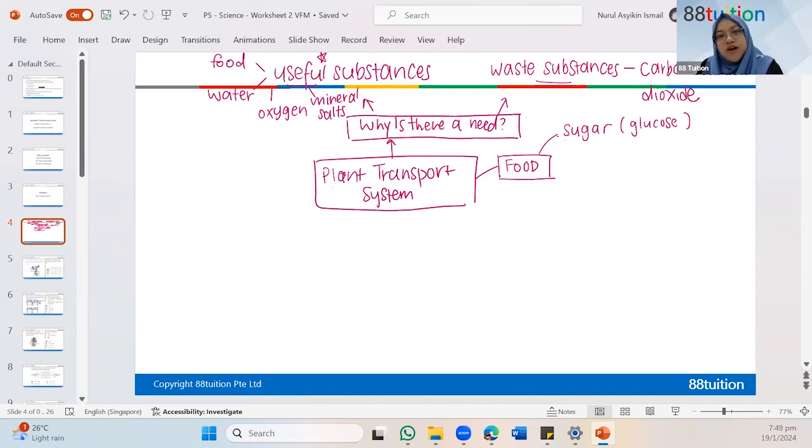Okay, this food that the plants make, the sugar that they make, anyone tell me where it is made? Which part of the plant produces the sugar? In the chat, everyone, throw me the answer in the chat. Which part of the plant produces the sugar?